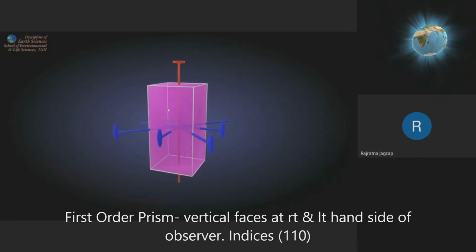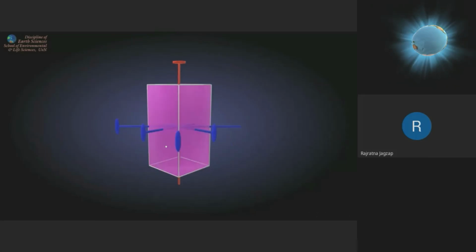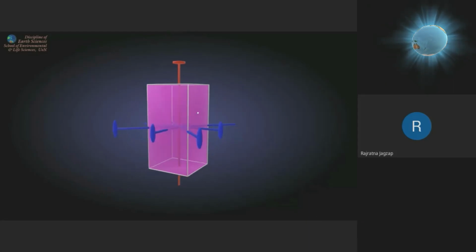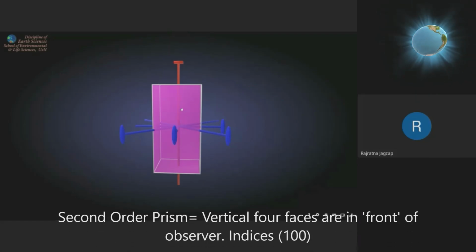And if you hold the model like this, where face is in front of the observer, not the edge, then this is called a second order tetragonal prism. It's just the way of orientation.